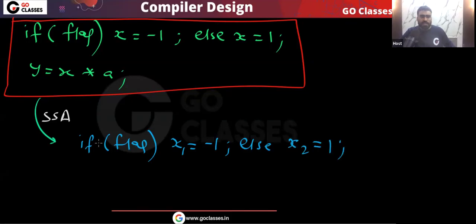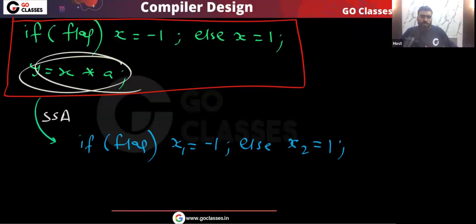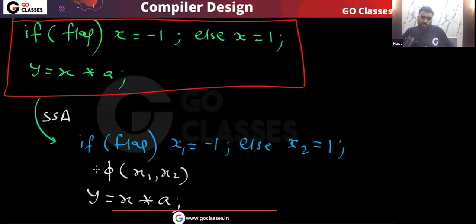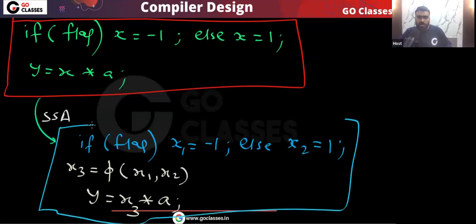Where will you put the phi function, before this statement or after? Before this statement, you put the phi function, phi(x1, x2) in x3, and you use this x3 here. I hope you understood. This is your answer.